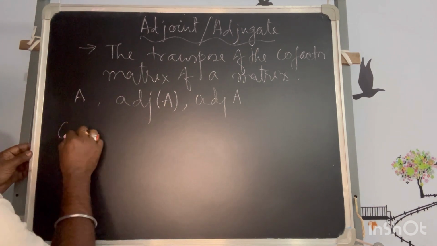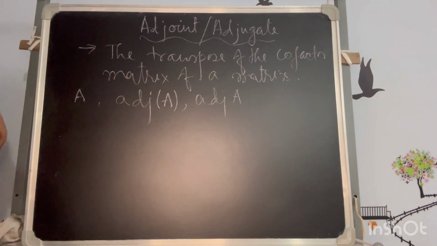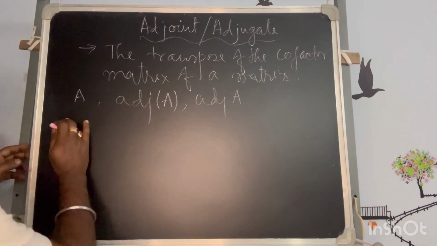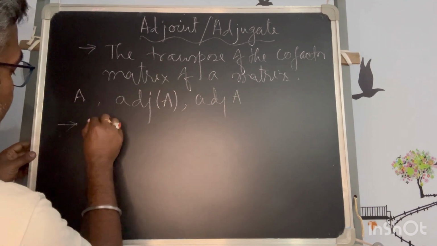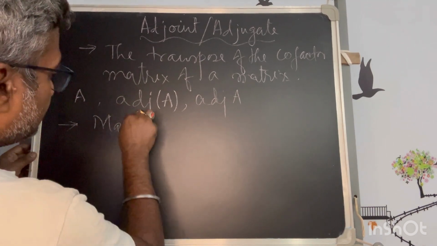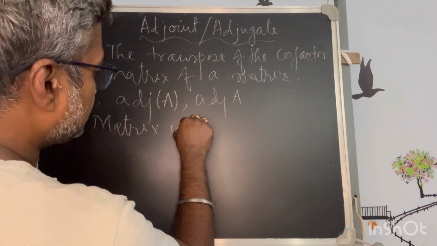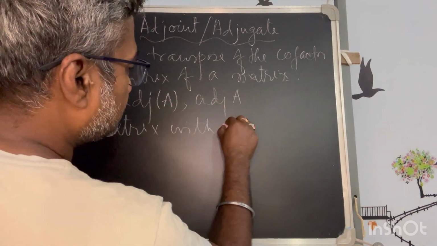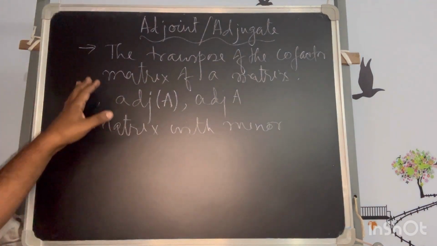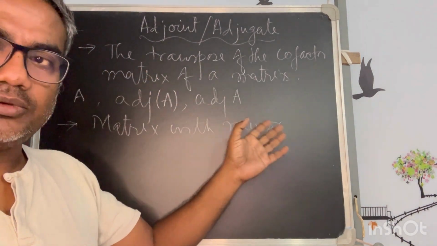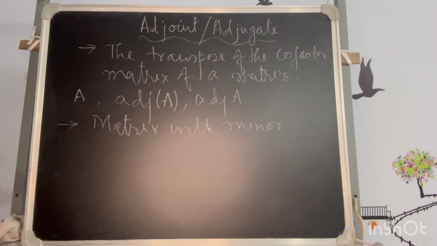Now you know cofactor matrix, what is that? Before that, if I go step by step, find the matrix of minors, then multiply with the position sign to get the cofactor matrix.